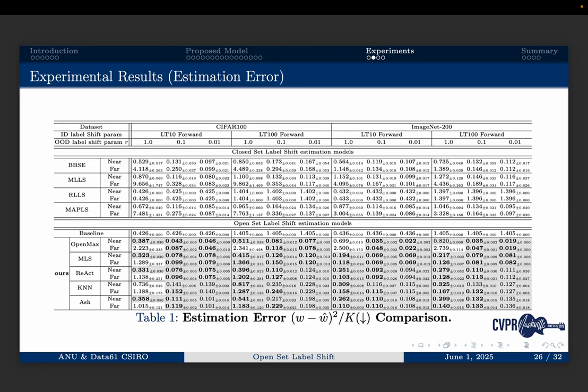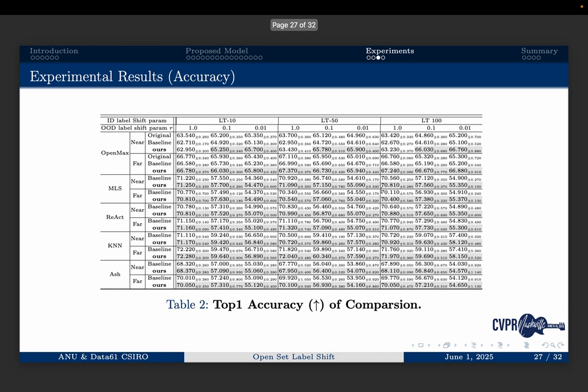We test our model with different ID datasets plus OD datasets, and with different out-of-distribution detectors. As shown in this figure, in terms of the estimation error, our model outperforms previous closed set label shift estimation models and the open set label shift estimation baseline.